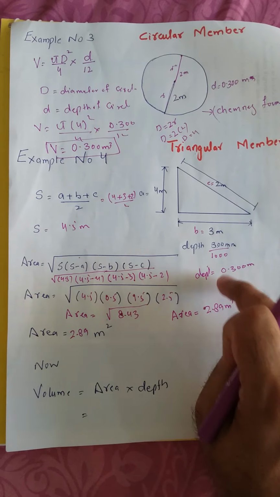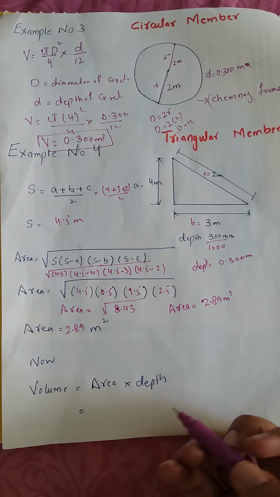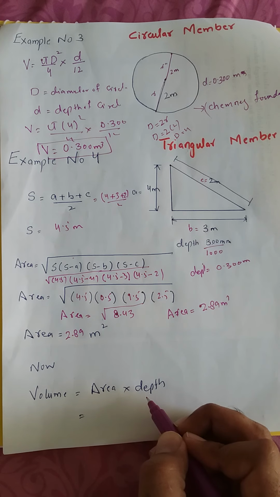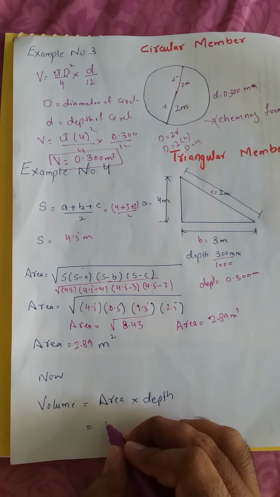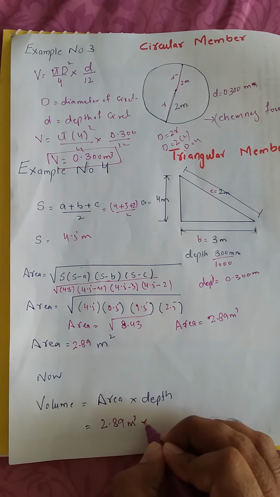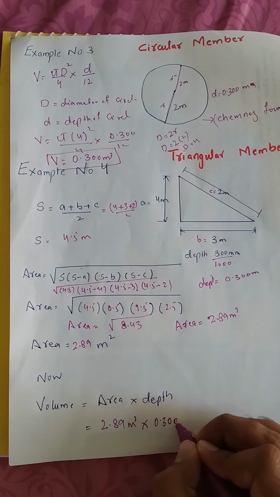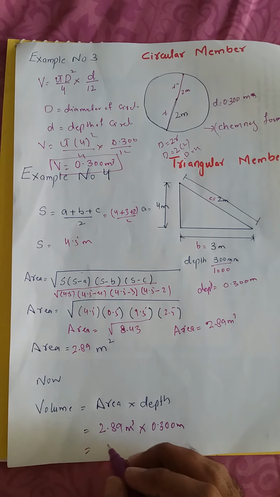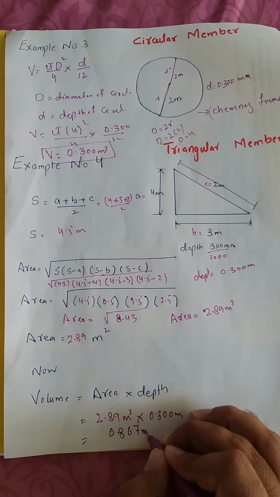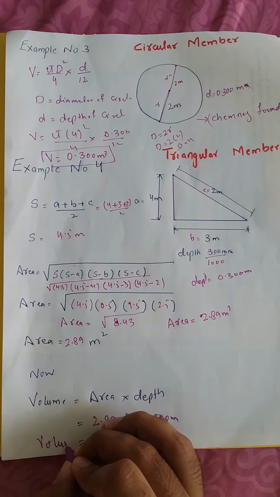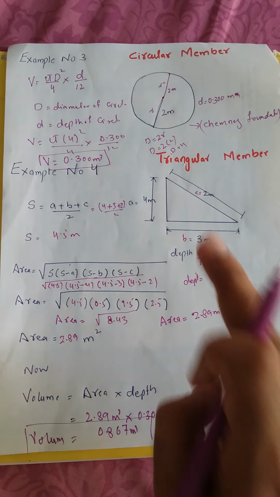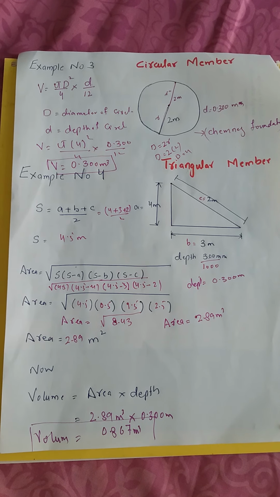So we have depth 0.300. It is very simple. We multiply the area with the depth of this triangular member and then we will get the volume. Area is 2.89 square meter and depth is 0.300 meter. Multiplying these two values we will get 0.867 cubic meter.